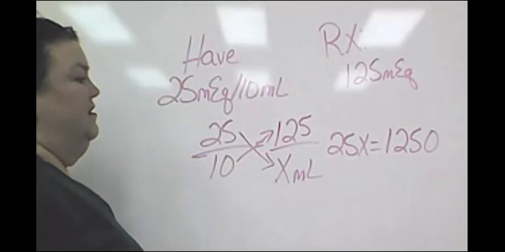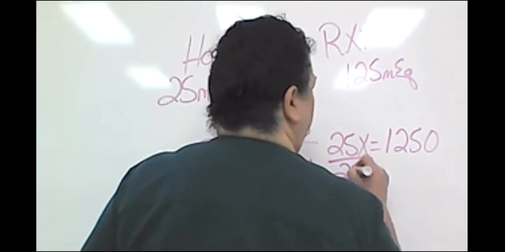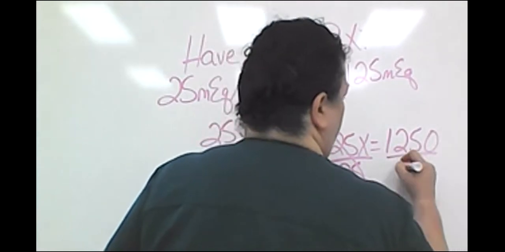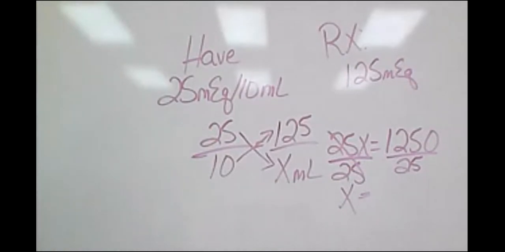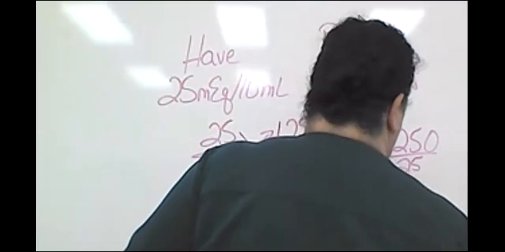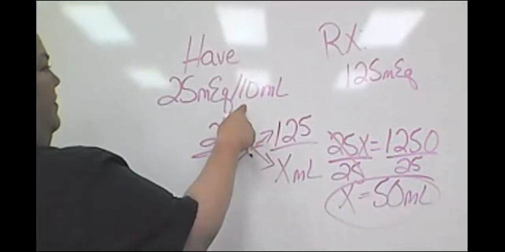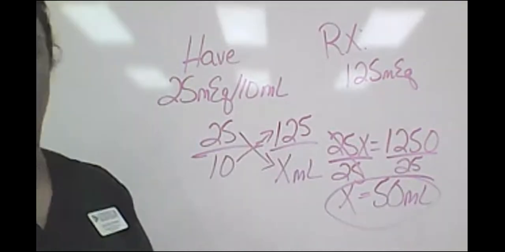Now my X is being multiplied by 25, so I must divide by 25 to cancel that out. And again, what I do to one side of the equal sign, I must also do to the other side of the equal sign. And 1250 divided by 25 means that it would take 50 milliliters of this stock solution to obtain this strength that was ordered.